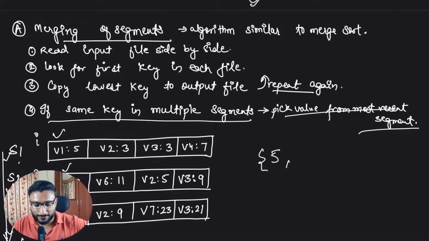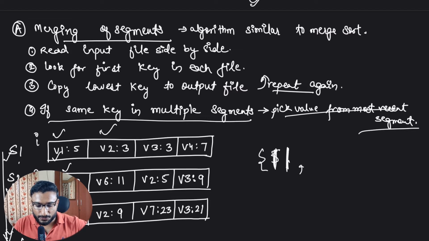So you got 5, and then you will move on. You took 5, you will move here, then you will compare these values. So we have V2, V5, V1. Okay, so this value will be discarded, right? Because here we have V1, here we have V1, so we will pick 11, not 5.